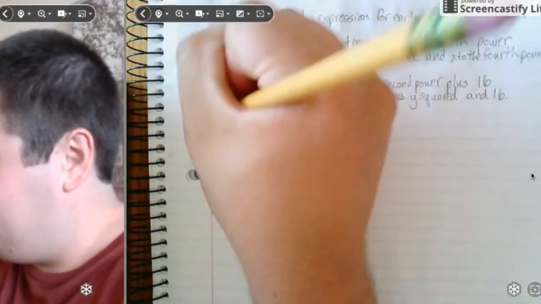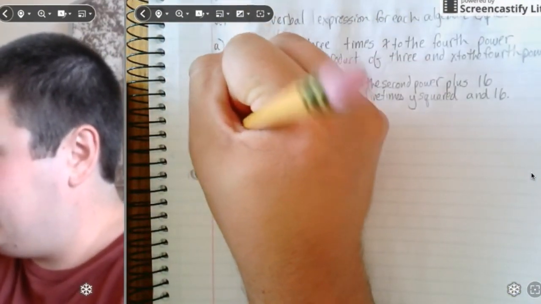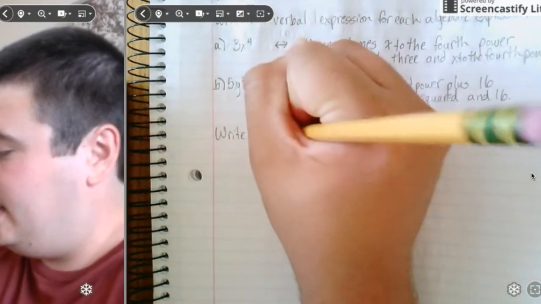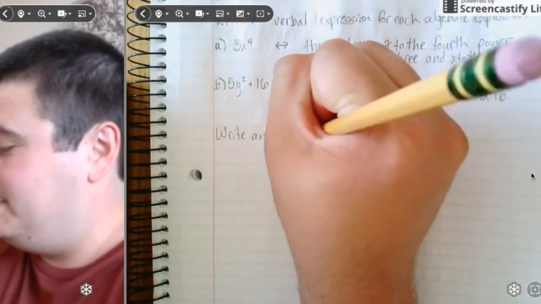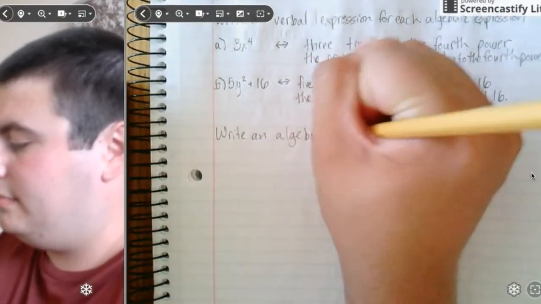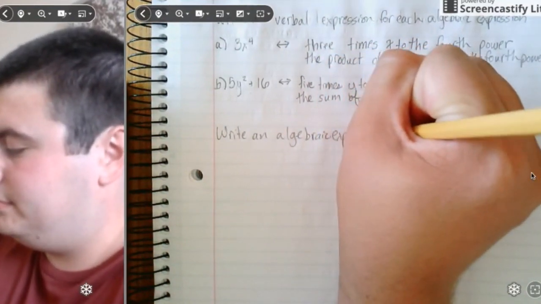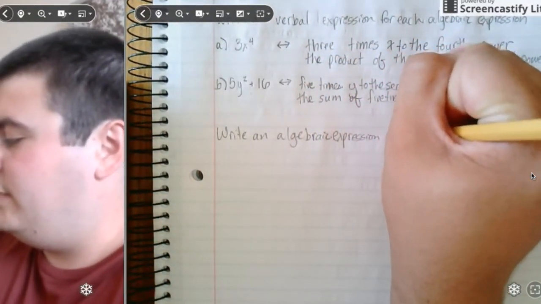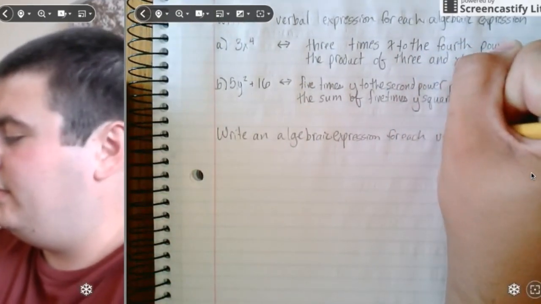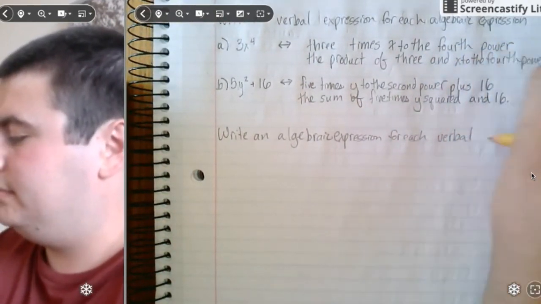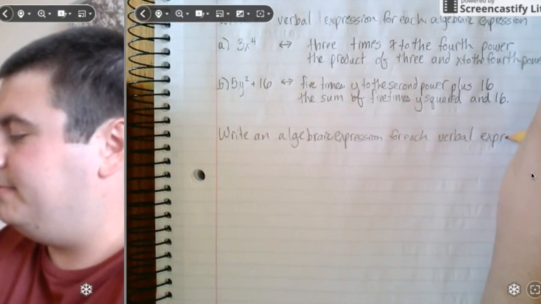So we are going to write an algebraic expression for each verbal expression.